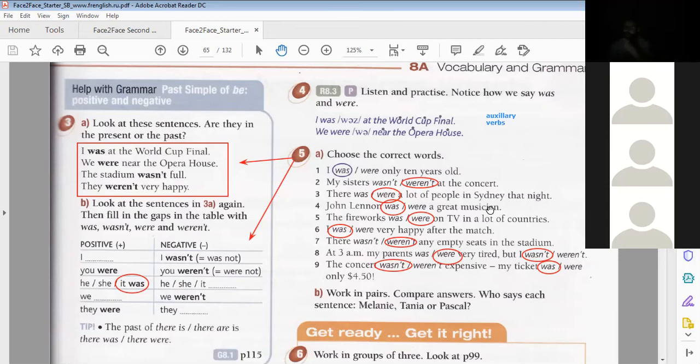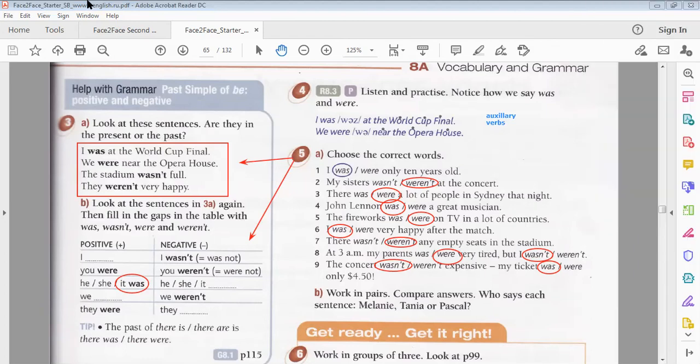Tanya. I think Tanya, yes. And the last one, number 9. The concert wasn't expensive. My ticket was only $4.50. Who said this? I think Melanie. Yes, Melanie, because she was talking about the concert ticket.